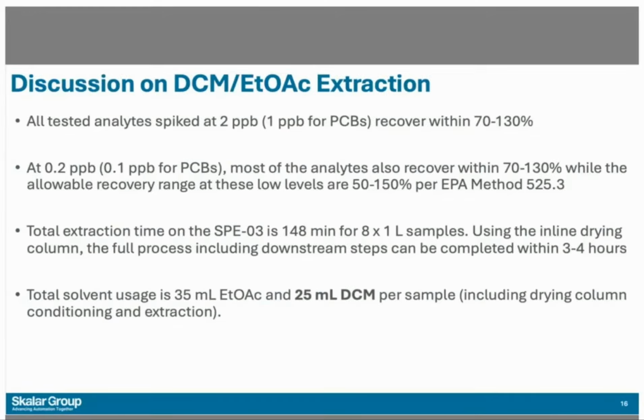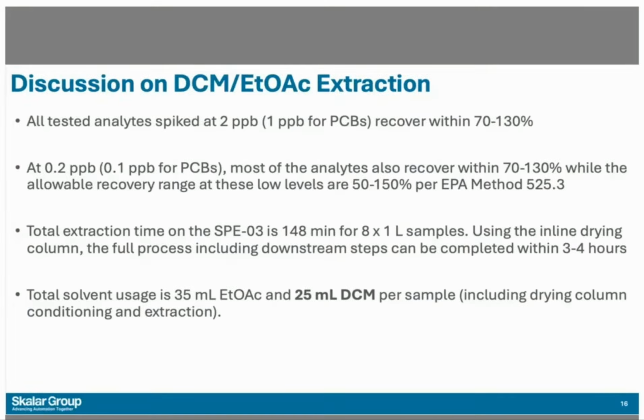Okay, so the takeaways from this first study, the one that uses DCM with the automated setup. All the tested analytes spiked at those 2 ppb or 1 ppb levels did recover within the 70 to 130% range. At the 0.2 low spike, most of the analytes recovered within the 70 to 130, even though the allowable range is 50 to 150%.